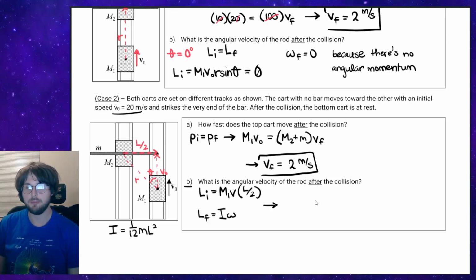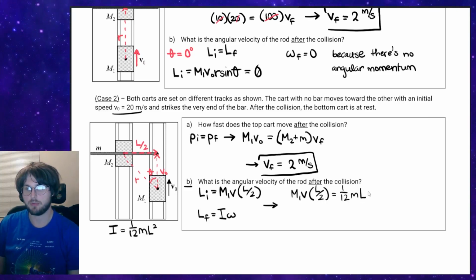Putting this all together, we have m1 times the velocity times L over 2 equaling 1/12 times little m times L squared times the angular velocity we're solving for. Now we can get rid of one of the L's, and we'll find that our angular velocity can be expressed as 6 times m1 v over m L.